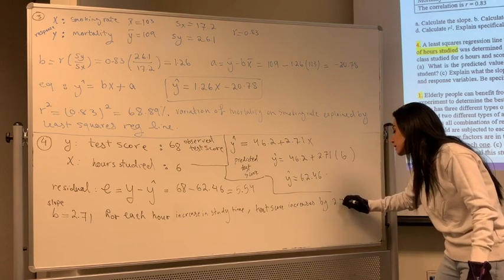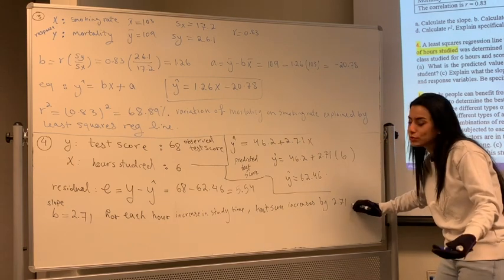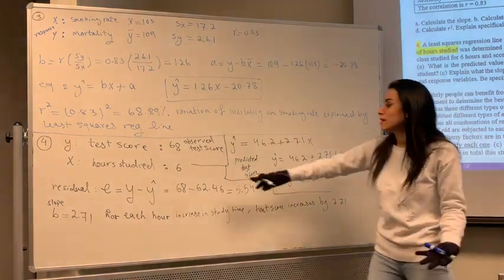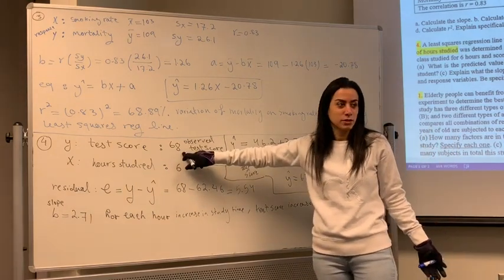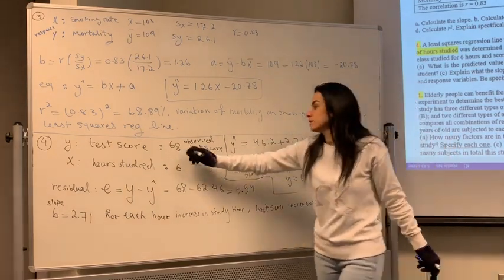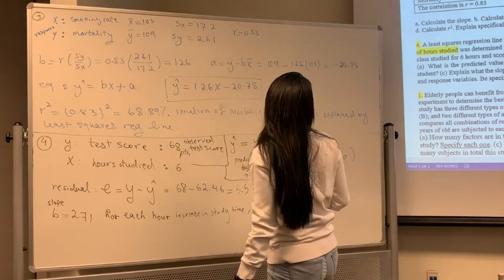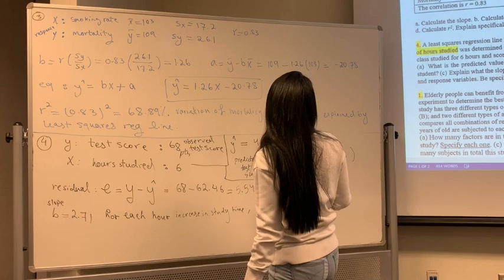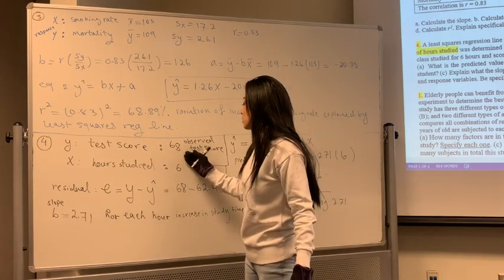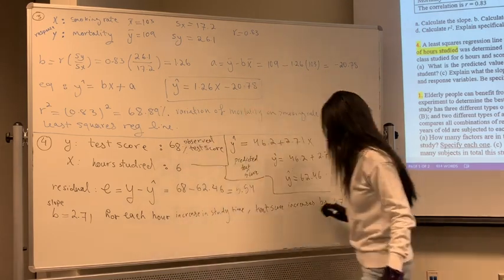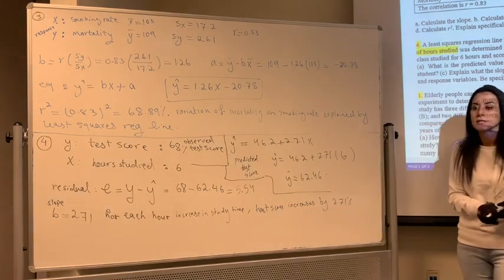Exactly. 2.71 points or percentage, depending on whether it was percentage or points, correct? Because we didn't say percentage. Yeah, in this question it says percentage? Yeah, 0 to 100%. Oh, okay. So the units are percentage. Percent. Okay.